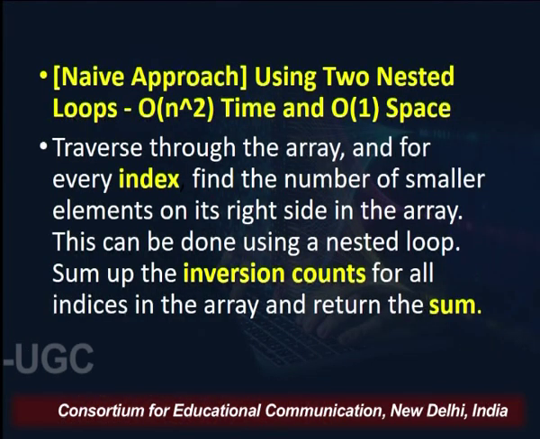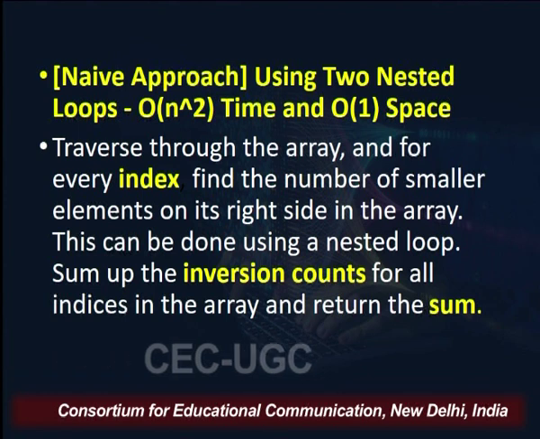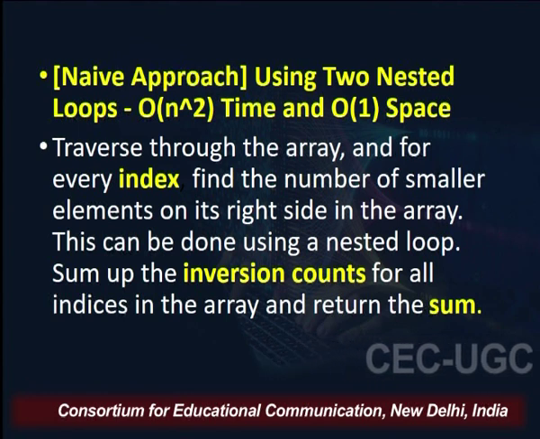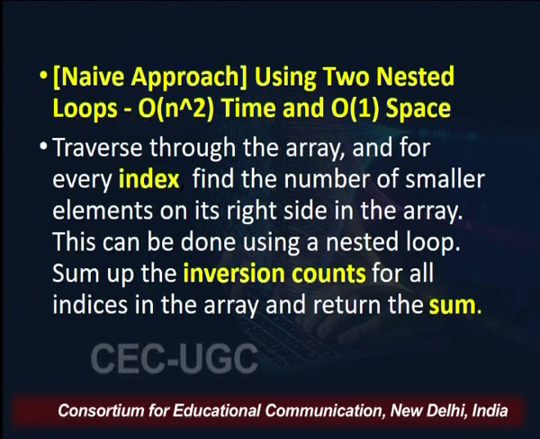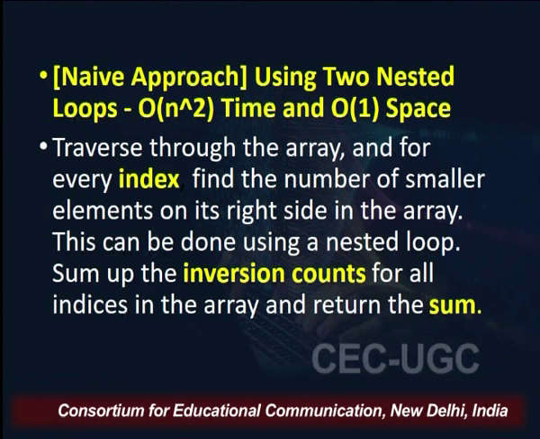Let us begin with the naive approach, which uses two nested loops and gives a complexity of order n square. These two nested loops traverse the array for every index and find the number of smaller elements on its right side. For example, we take one particular element and look into the number of smaller elements on its right side. That is one traversal through the array.